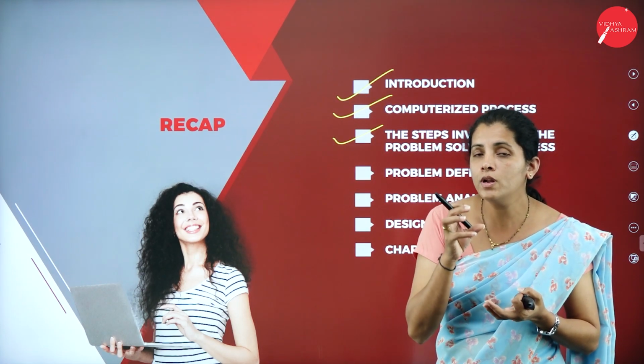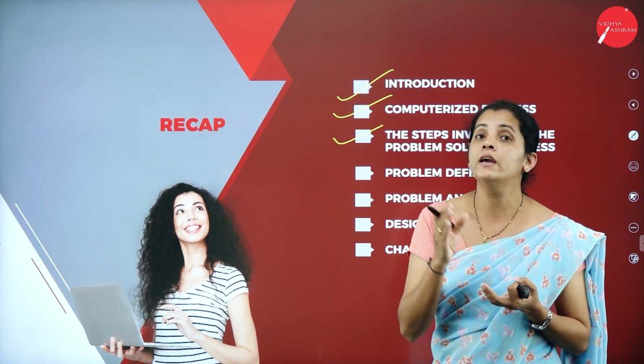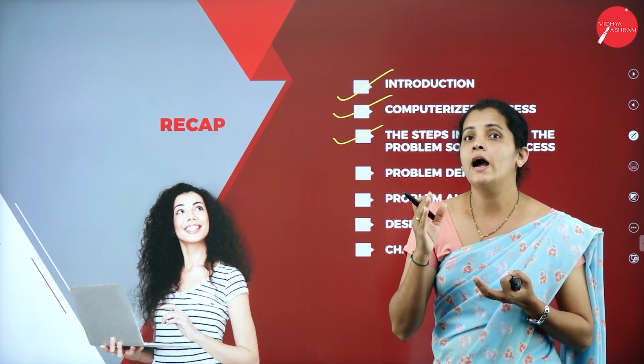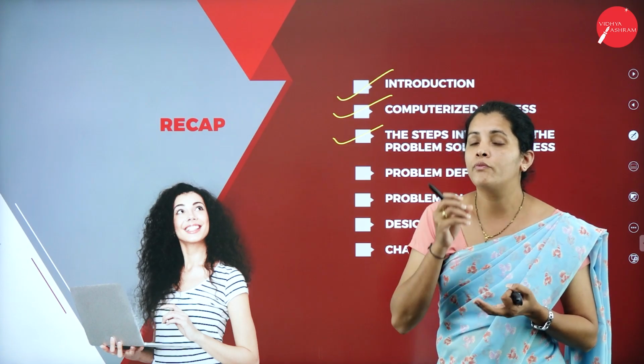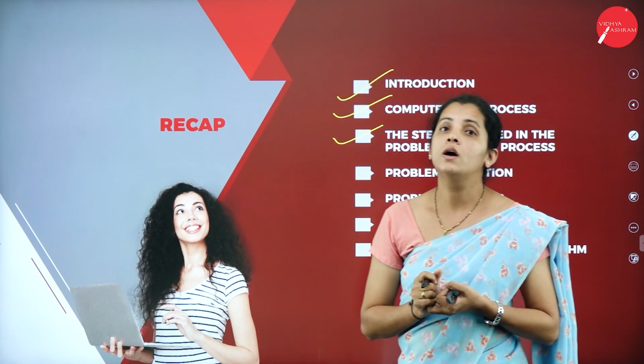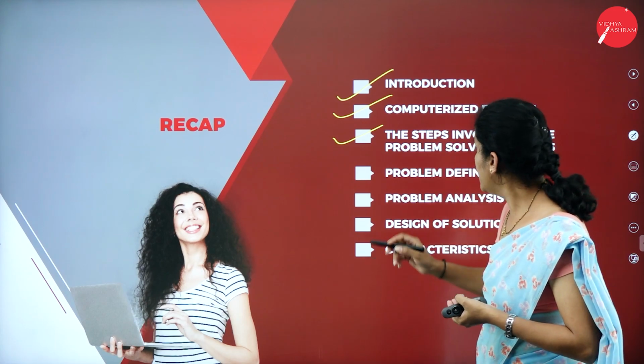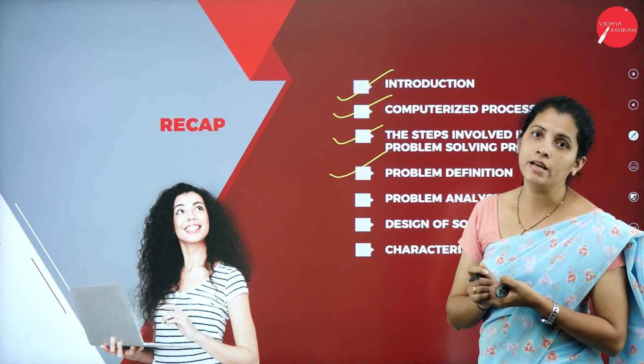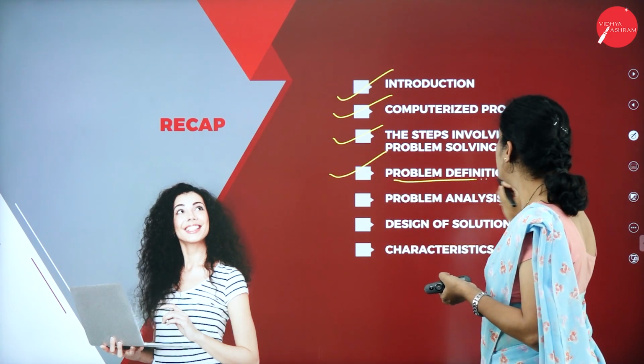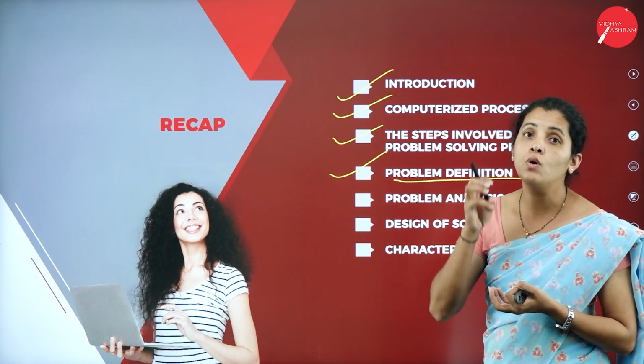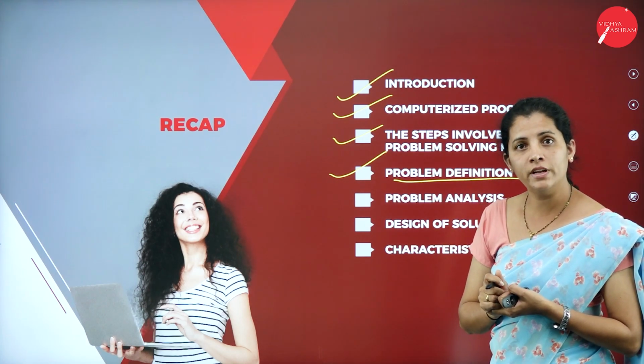So here problem solving is nothing but the mental process, and it is mainly used to find the solution for a particular problem. Then we had discussion regarding what is problem definition and how to find out the problem definition.